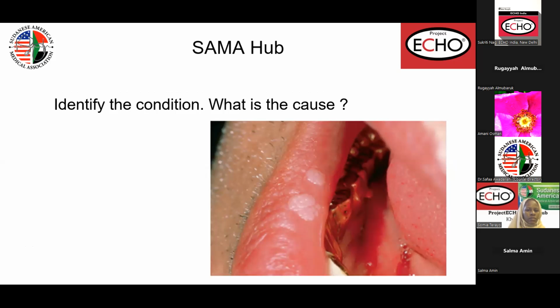Yes, so another condition that has lesions that are found on the lip in this case, can you identify it? And can you identify the cause?